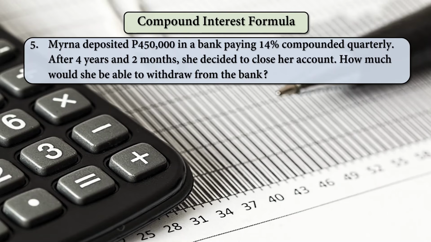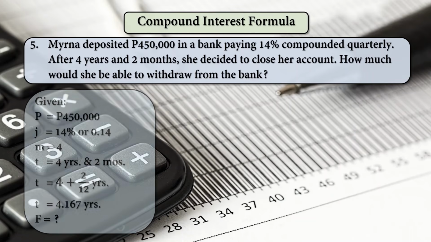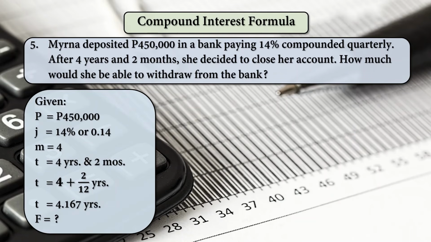Okay, so understanding the problem, Myrna has 450,000 pesos deposited, so meaning that is our present value, because the unknown is the amount which she will be able to withdraw after 4 years and 2 months with an interest of 14% compounded quarterly. So given P is equal to 450,000 pesos.